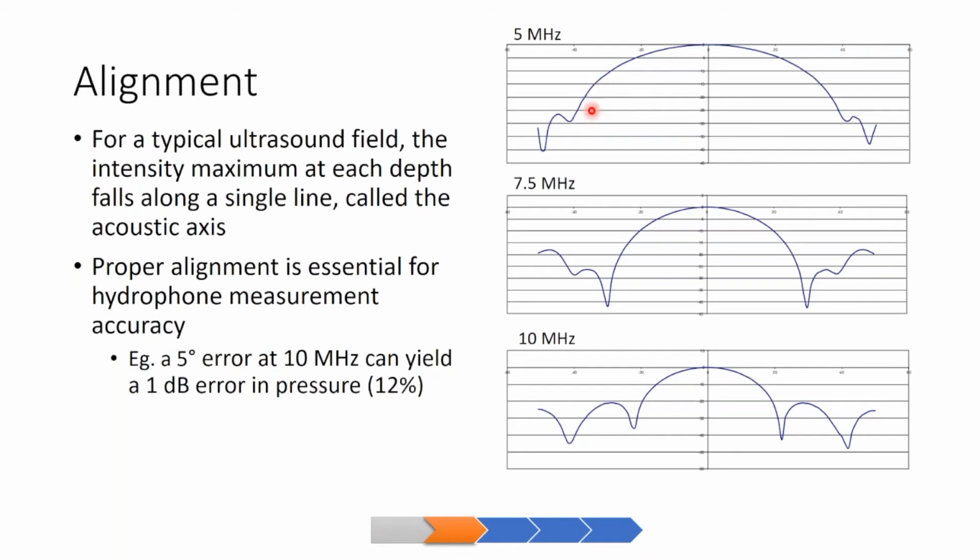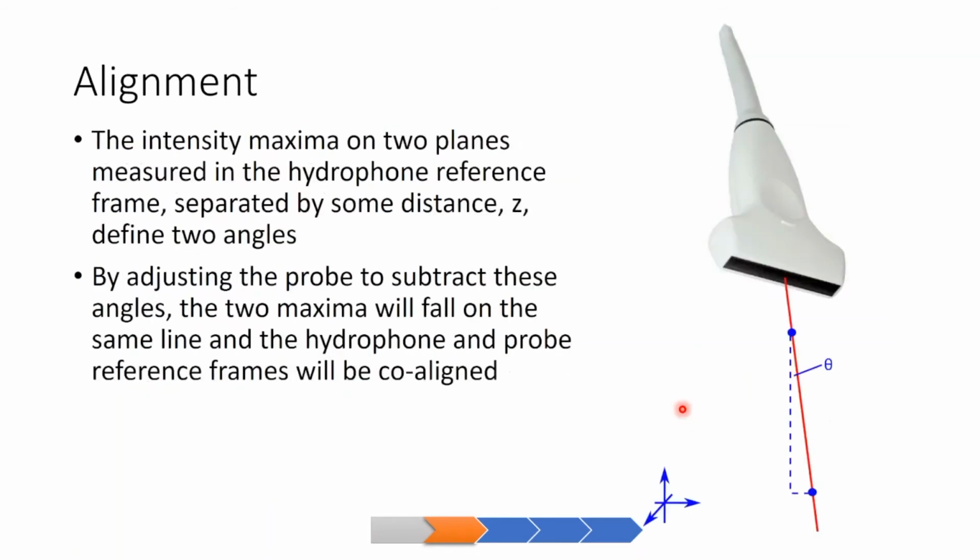And as you see at higher frequencies, at 7.5 and here at 10 megahertz, this envelope gets smaller. And so at 10 megahertz, for instance, a 5-degree error in alignment translates to a 1 dB error in the pressure you observe, which is in this case 12%. And so that's a fairly major error that comes from a misalignment. The second part of alignment is that it makes our measurements easier.